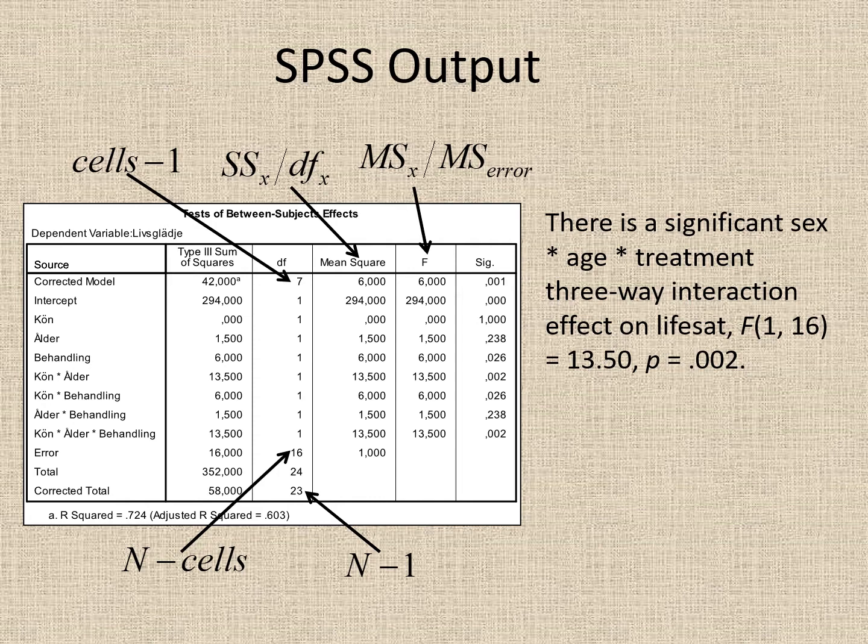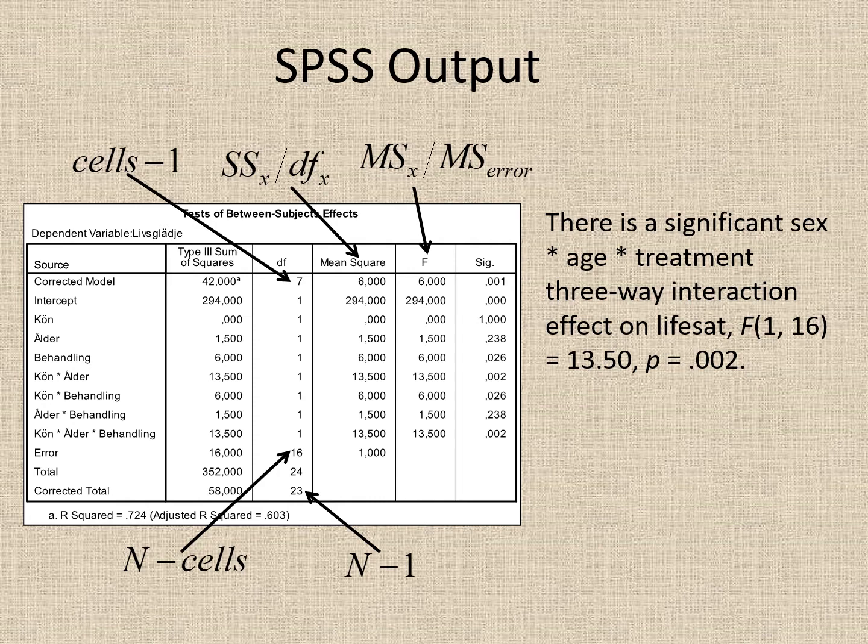What does that mean, that we have a three-way interaction? What is the meaning of a two-way interaction? In the last example, we found the age by treatment interaction. What does that mean? Yeah, exactly. The effect of treatment looks different for older and younger patients. If we have a three-way interaction, what does that mean?